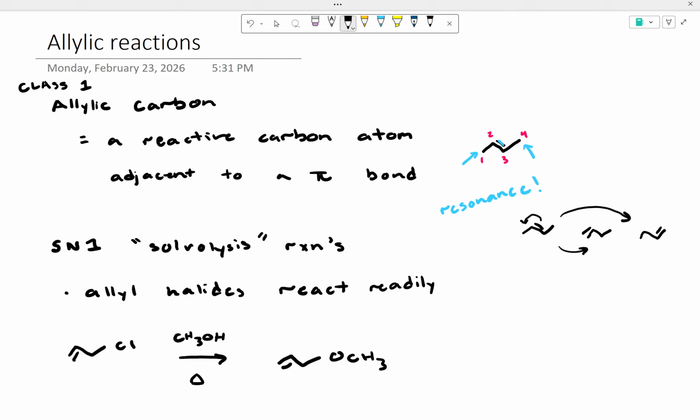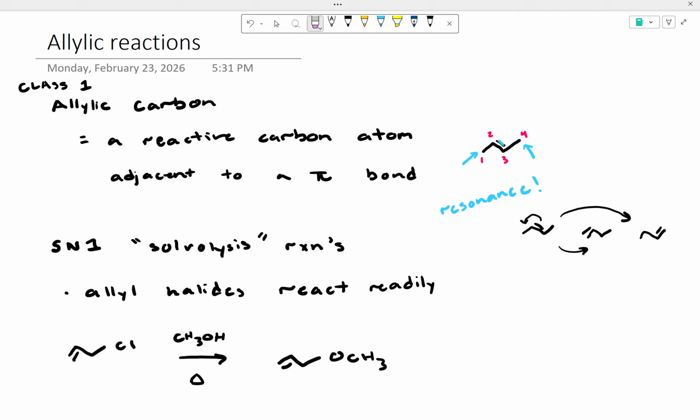And let's say I have a positive charge here. Well, if I move where my pi bond is, then I move where the charge is, right? And in the same idea, this positive charge could be a negative charge, and when I move the pi bond, I've moved where the negative charge is.